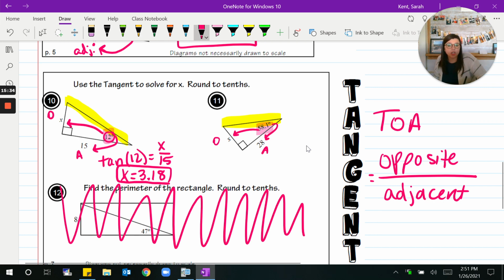So the opposite is across, adjacent is right under. So again, that means I'm using tangent of, here it's a decimal, 58.1, and then I want the opposite, x, over the adjacent, 28.